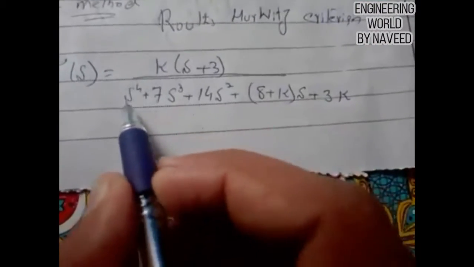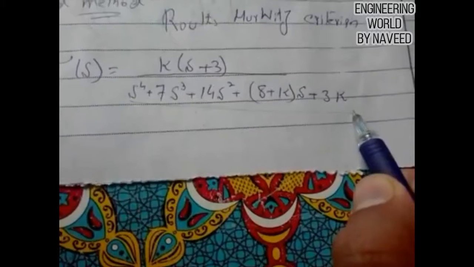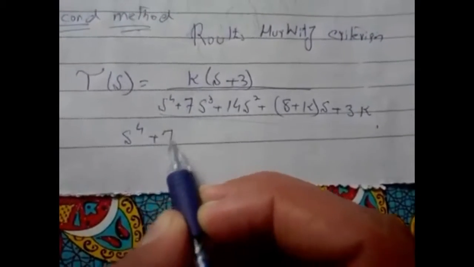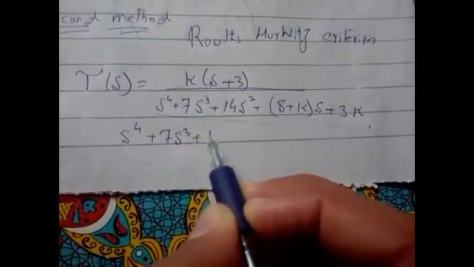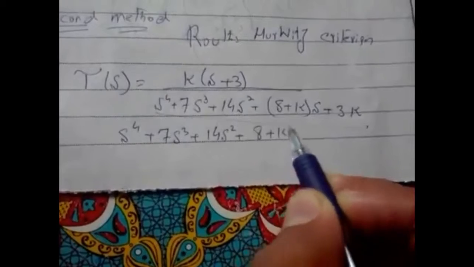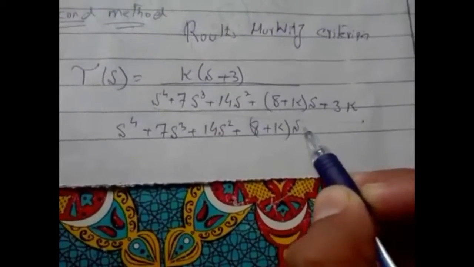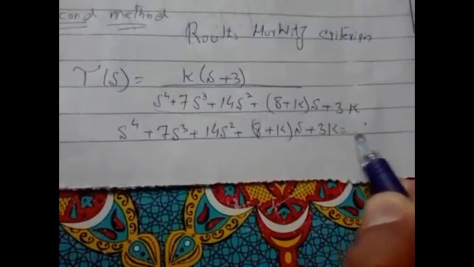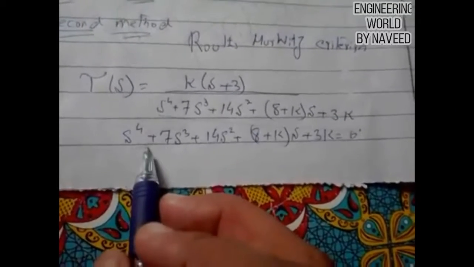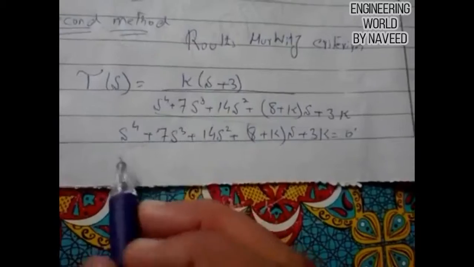So you take the characteristic equation and equate that to 0: s^4 plus 7s^3 plus 14s^2 plus (8 plus k)s plus 3k. Here you draw a table.